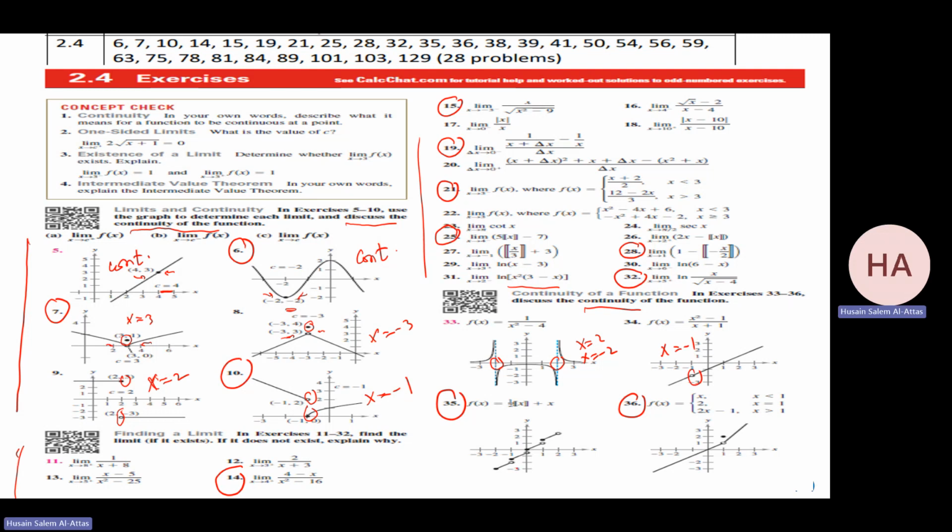From the graph, and this one, I have continuity at each integer, at all integers. Okay, because it will make a problem here. Well, at each integer, there is a jump. Here I have this continuity at x equal 1. We have a discontinuity at x equal 1. Okay.